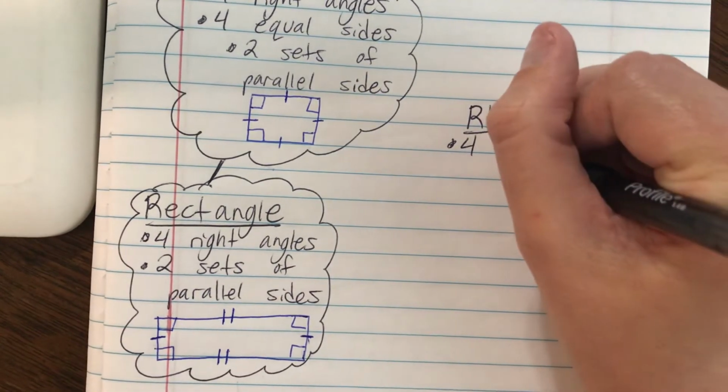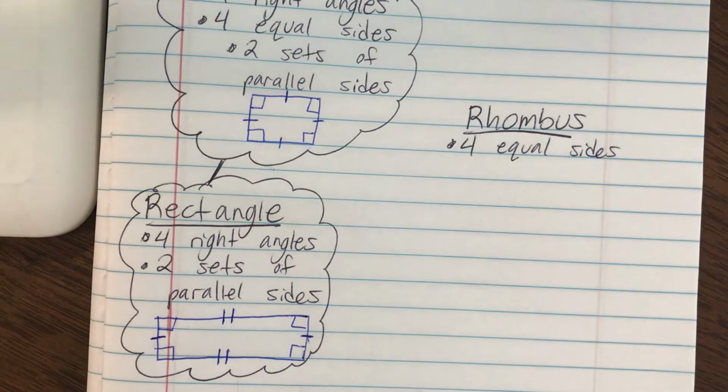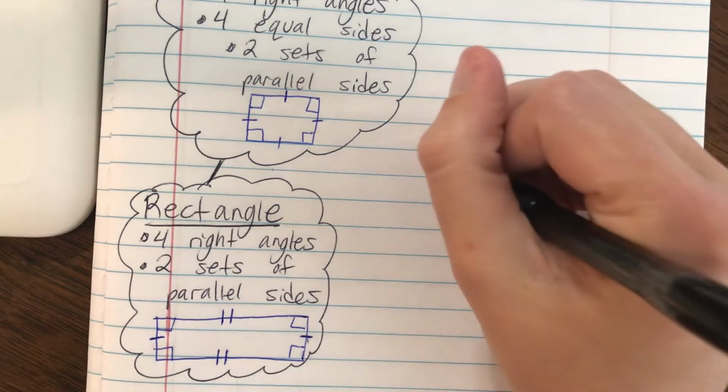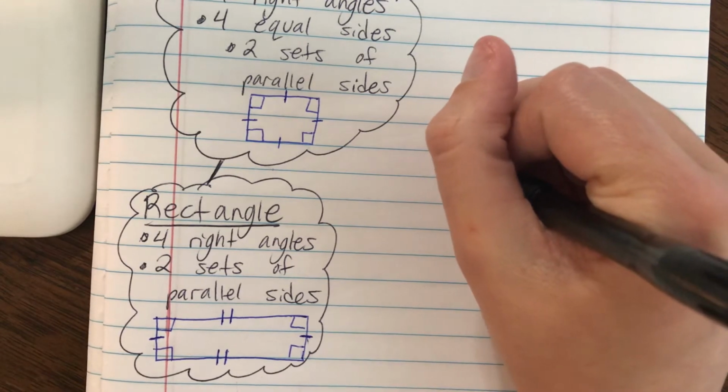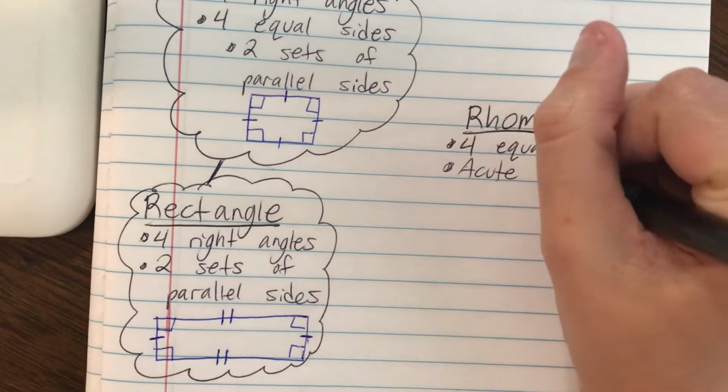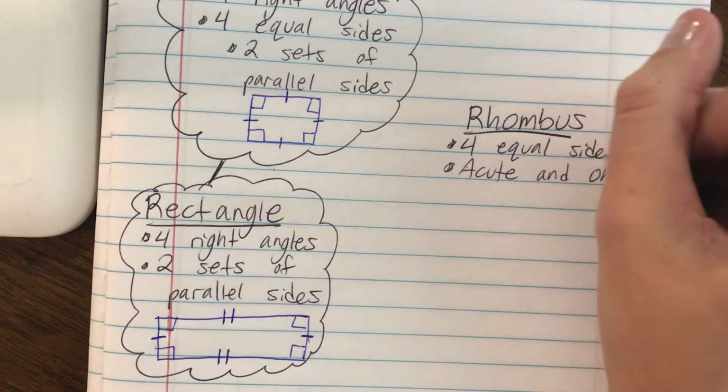It's going to have those 4 equal sides that the square has. It is still going to be consistent with the 2 sets of parallel sides as well, but then instead of having the right angles, it is now going to have acute and obtuse angles.